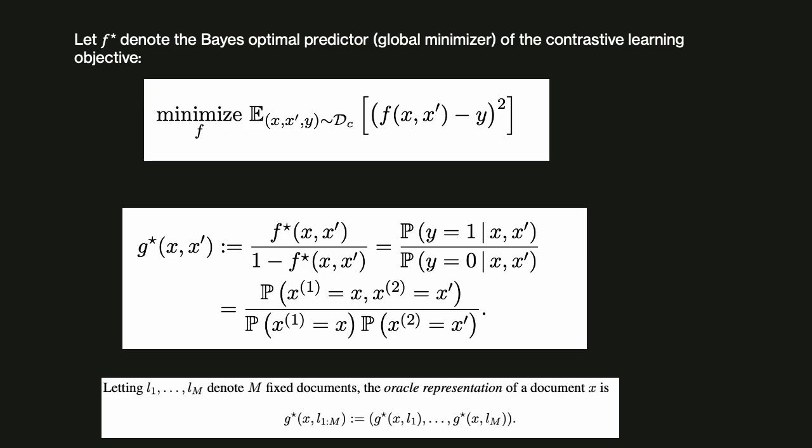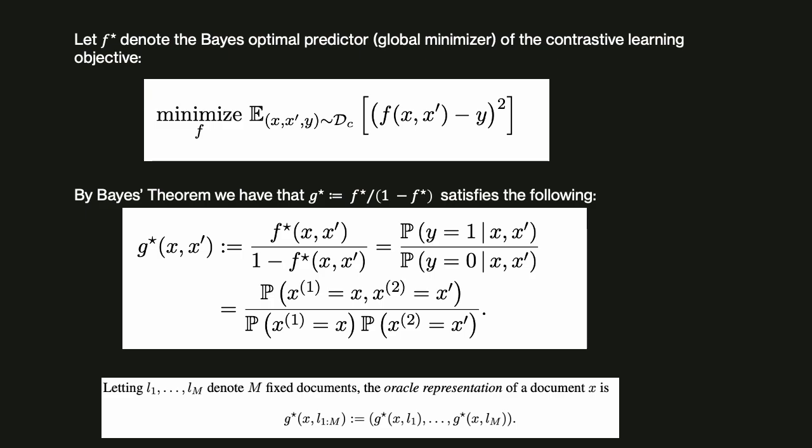And so if we let F star denote the Bayes optimal predictor of the contrastive learning objective, by Bayes' theorem, we have that if we let G star equal F star over 1 minus F star that we saw before, we get the following expression.